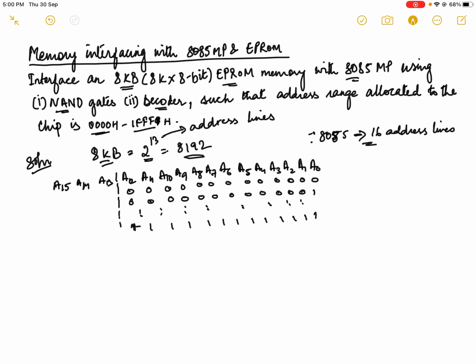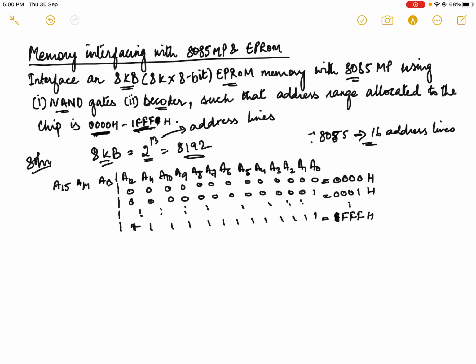Okay, 13 address lines. Since it's already defined that your address range should be from 0000 to 1FFF, you get the address range as 0000 hexadecimal, 0001 hexadecimal, and so on to 1FFF.